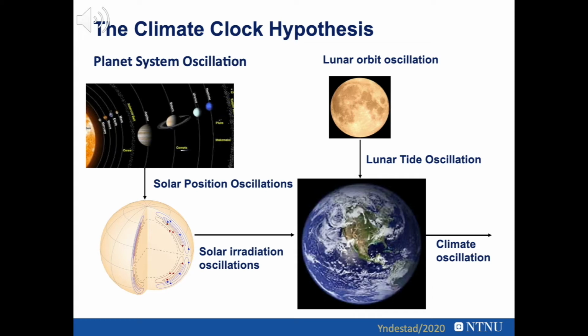The source of the solar clock is the planets, which influence the solar dynamo and the radiations from the sun's surface. Climate oscillations are then a product of solar-driven periods and lunar-driven periods.